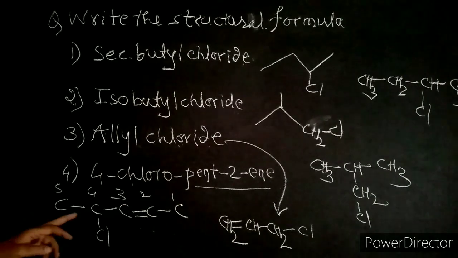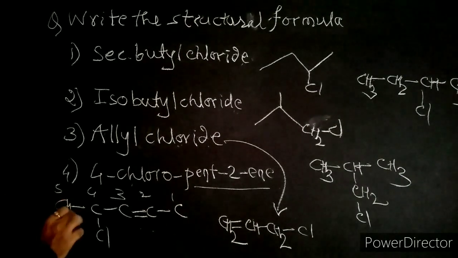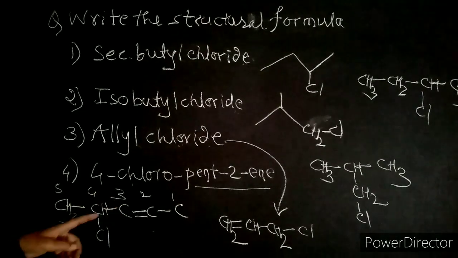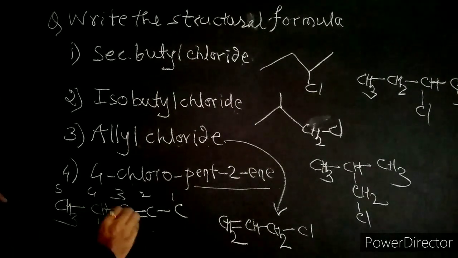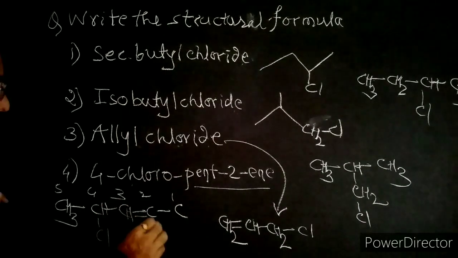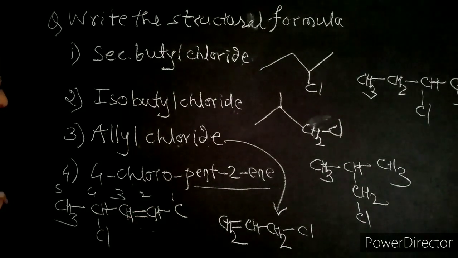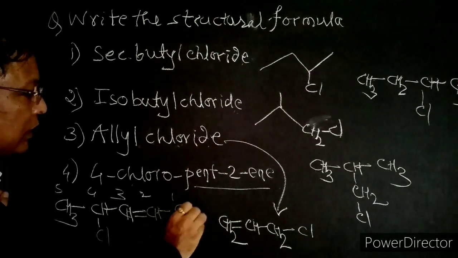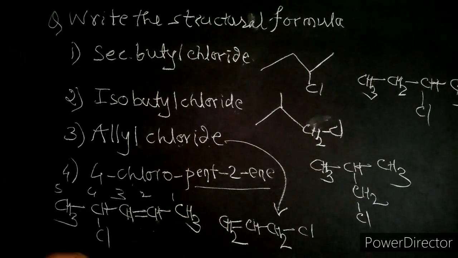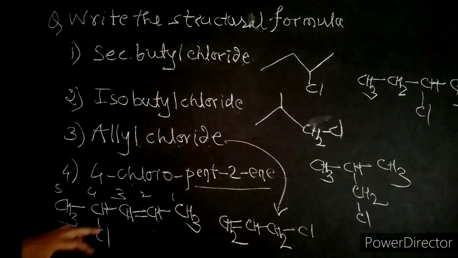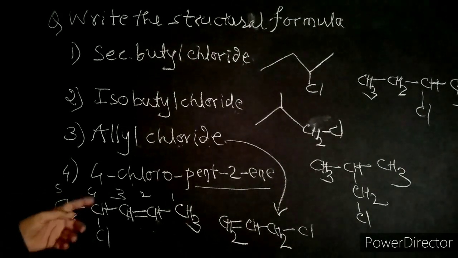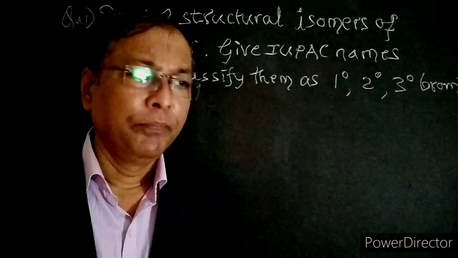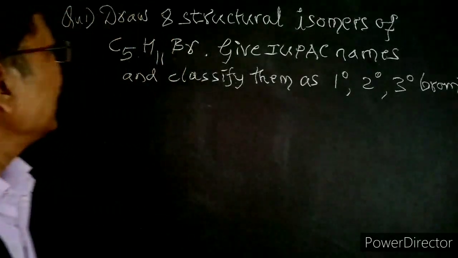This carbon has only one bond, meaning 3 hydrogens, and here 1 hydrogen, here 3 bonds are there, and here 1 bond is there, so its valency will be completed by 3 hydrogen atoms. So this is the structure of 4-chloro-pent-2-ene.